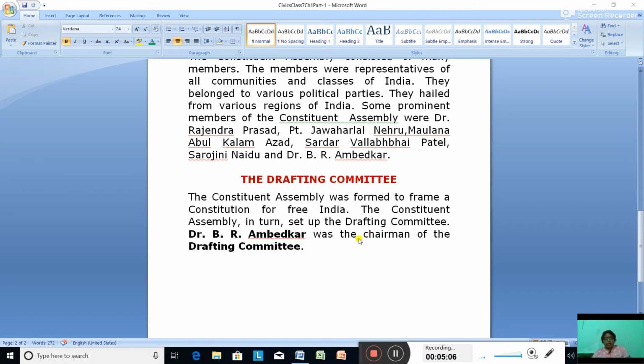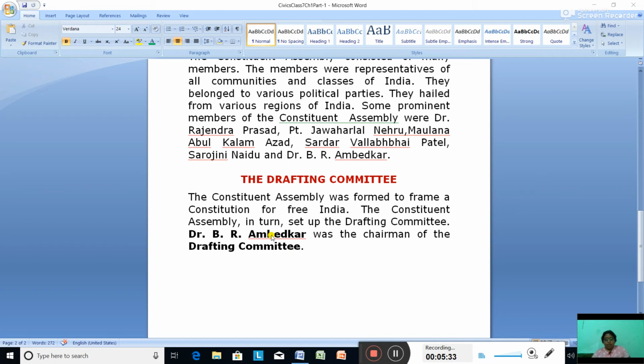He, along with the other members of the committee, was supposed to prepare a draft of our constitution. So, if the question is who drafted the constitution, drafting of the constitution was done by Dr. B.R. Ambedkar, and framing of the constitution was done by the Constituent Assembly.